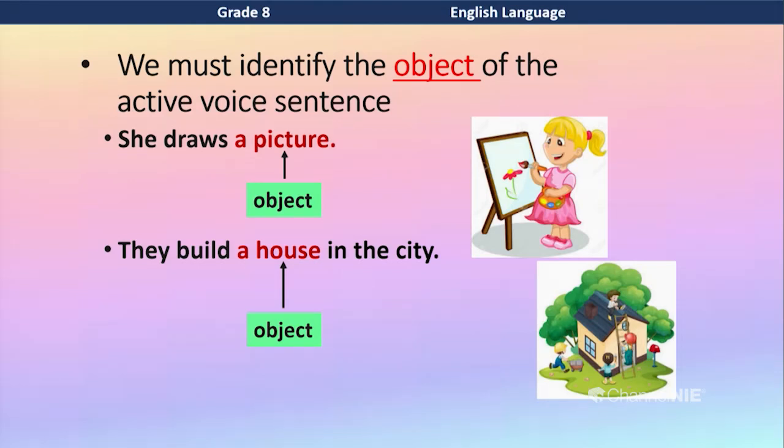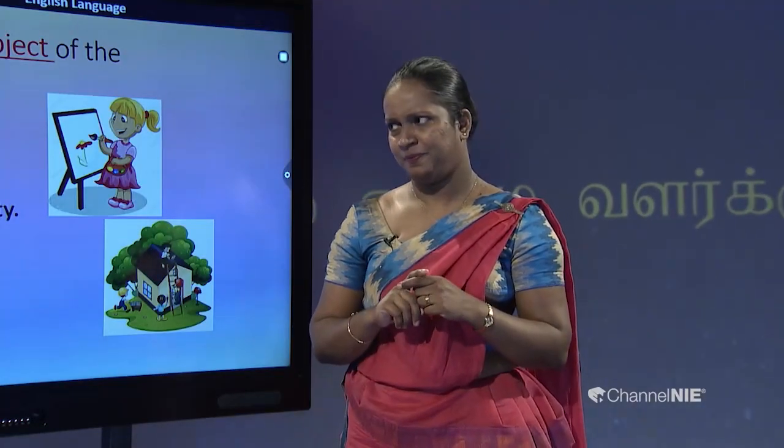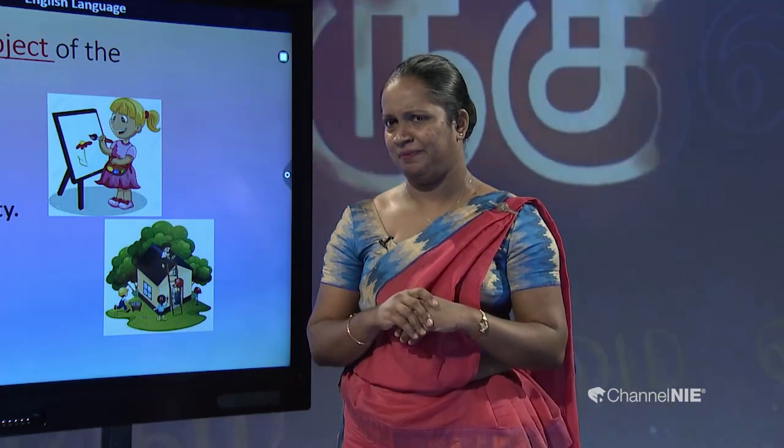Now, look at the second sentence. Miss, can you read it? They build a house in the city, right? So, out of these many words, you have to find what the object is. I can ask a question like this. What do they build, Miss Chamari? A house.